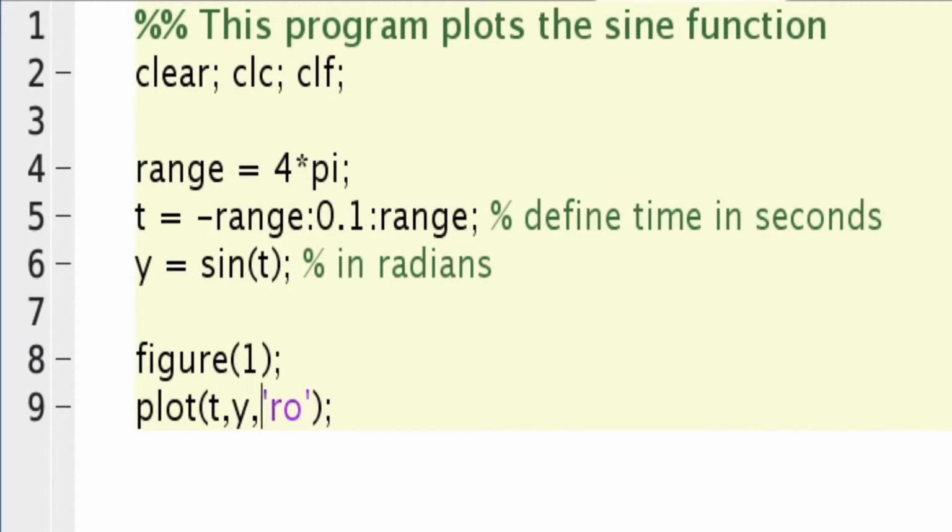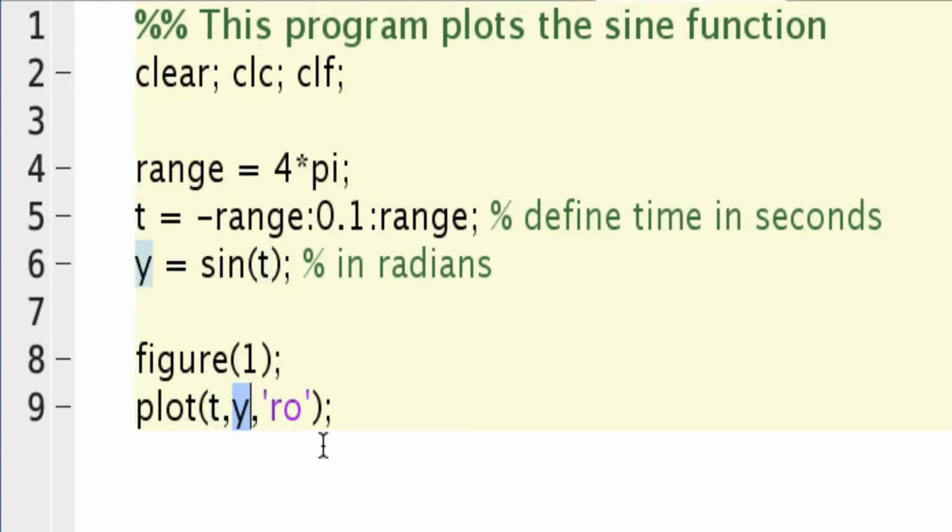Finally, line 9 plots the sine function using values of t as the x-axis and the values of y as the y-axis. Note that the correct syntax for the plot function is that the first argument is the variable to be assigned to the x-axis, and the second argument is the variable to be assigned to the y-axis.